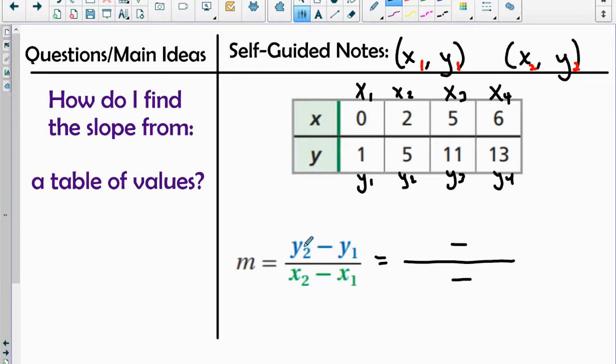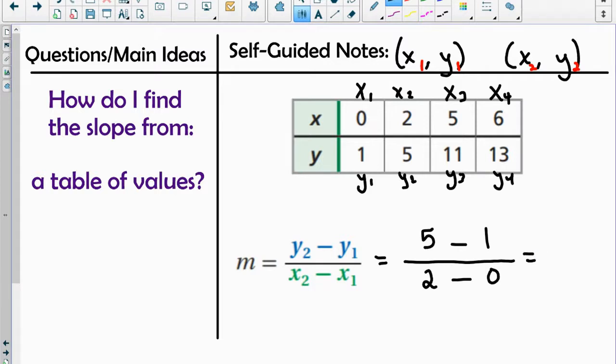And I want the y sub 2, which would be 5, minus my y sub 1, which was 1. Then on the lower left corner, my x2, which would be my second x value, was the number 2. And then my x1, which would be my first x value, was 0.